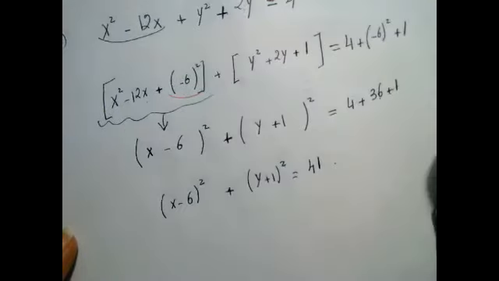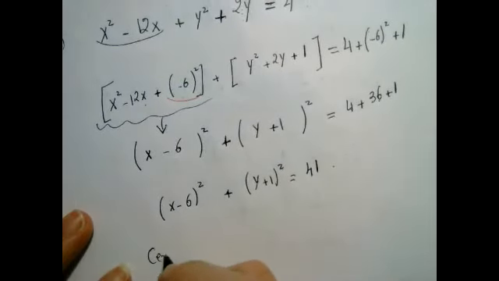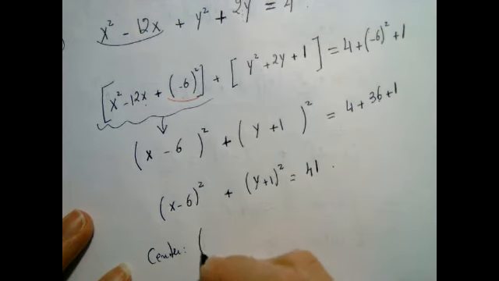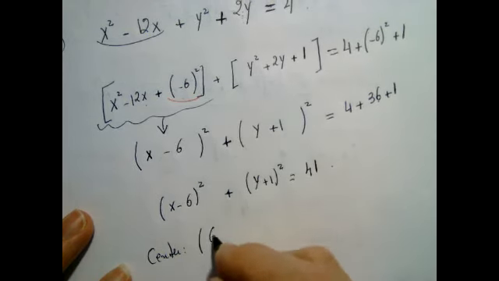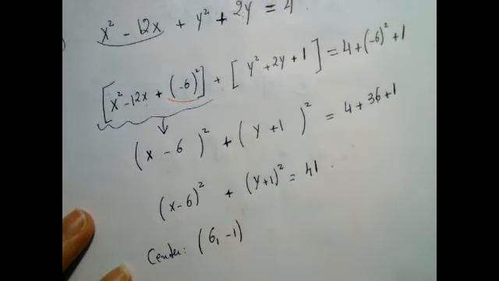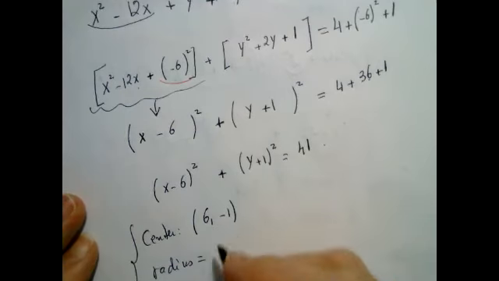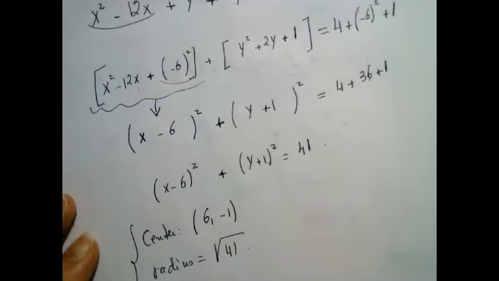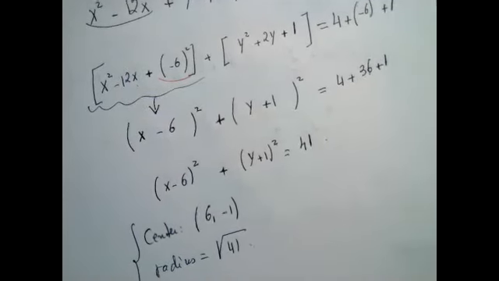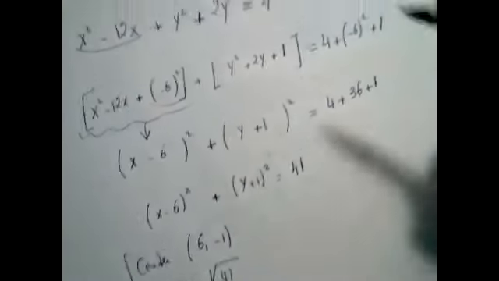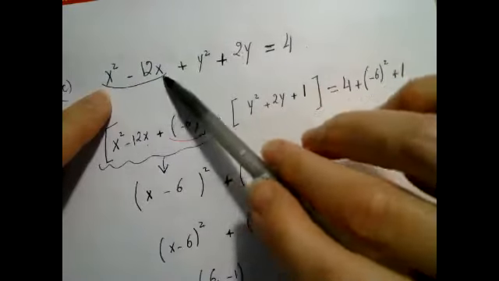Okay, so the center is (6, minus 1). And what's the radius, Anthony? Square root of 41. Square root of 41. Absolutely correct.